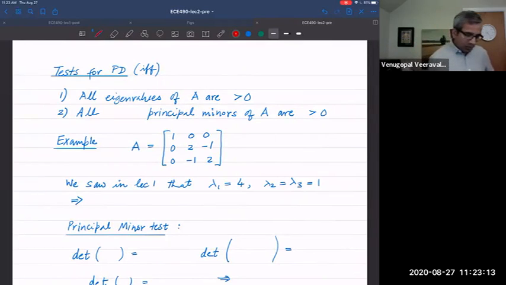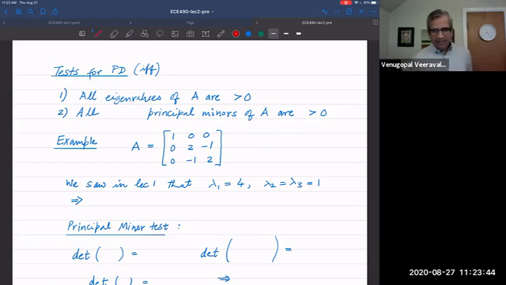All right. So what are some ways to figure out if a matrix is positive definite or positive semi-definite? Well, you could try out every X and prove, or actually sometimes you can prove that X transpose AX is either strictly greater than 0 for X not equal to 0, or greater than or equal to 0 for all X, and that's how you can establish that it's positive definite or positive semi-definite.